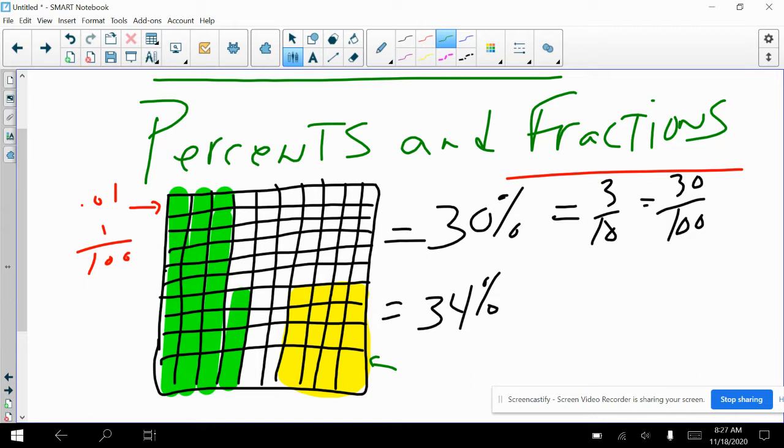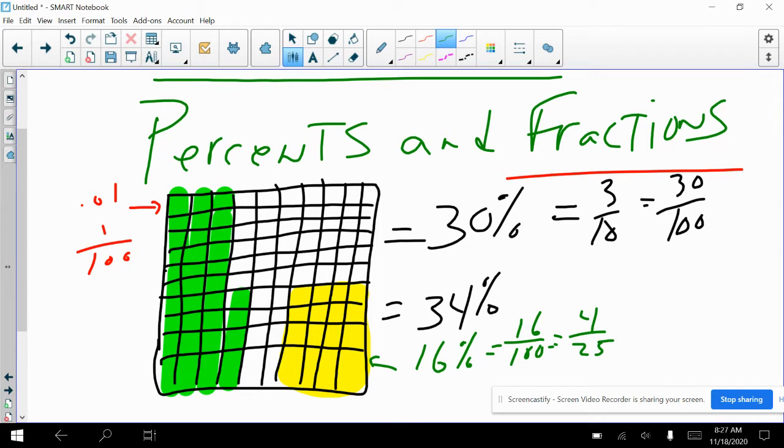Maddie? That would be 16%, which as a fraction looks like what? 16 over 100, but you can simplify that, to 4/25. Very good, sir.